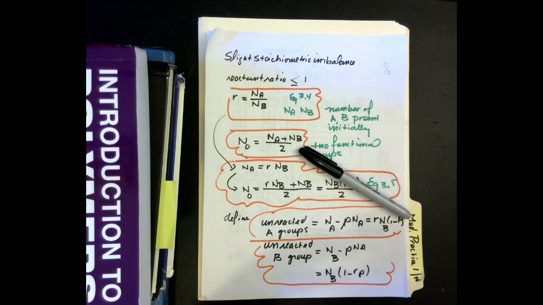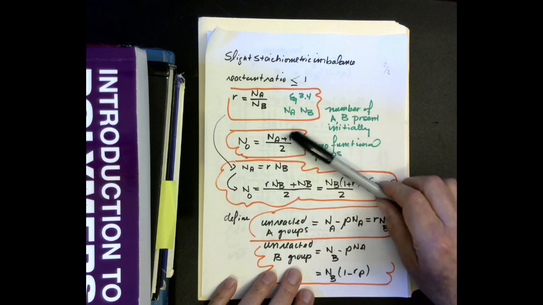So when we look at the number of moles of A and B initially, we have to divide by 2, because not both of them get involved in making the polymer. So N0 at the beginning is the number of moles of A and B divided by 2.